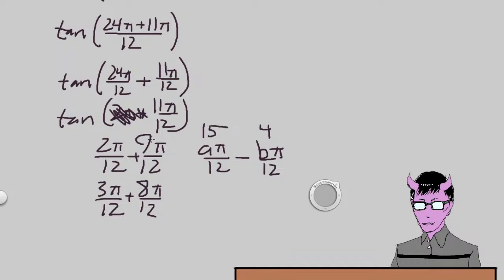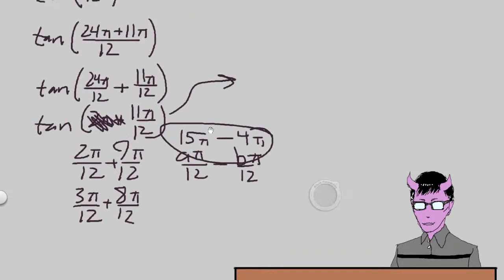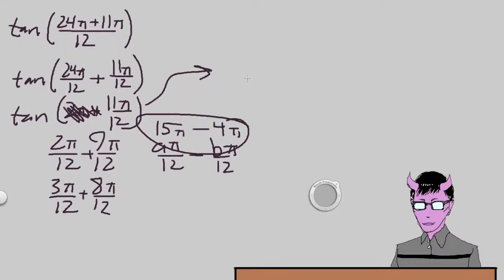All right. So again, I would have chosen either of those two, but if you want to be fancy smancy, you can do the 15 pi minus 4 pi over 12. And just for fun, let's pick that one. All right. So we're using the tangent algorithm for this one. We're doing a subtraction, so just for practice, it's going to be tangent of the first one, 15 pi over 12, which simplifies into 5 pi over 4.